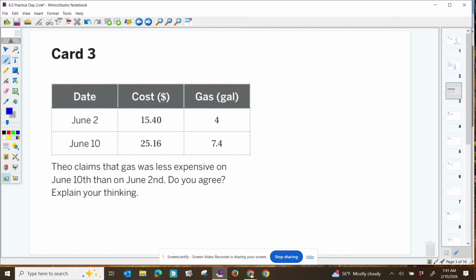Okay, next problem. Card 3 actually relates back to the previous two problems. So this was problem number 1. If I divide these, I'm going to get 3.85. And if I multiply 7.4 times 3.85, from problem 2, I got 28.49.